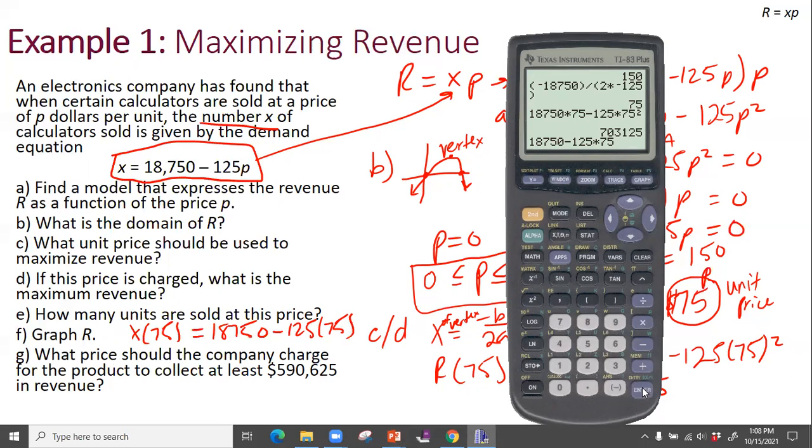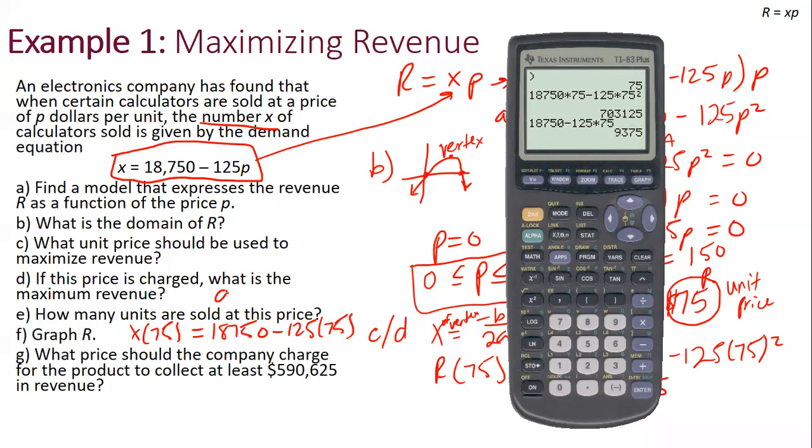How many calculators did they sell? 9,375 calculators. Hindsight, guys, I probably should have made this more than one slide.